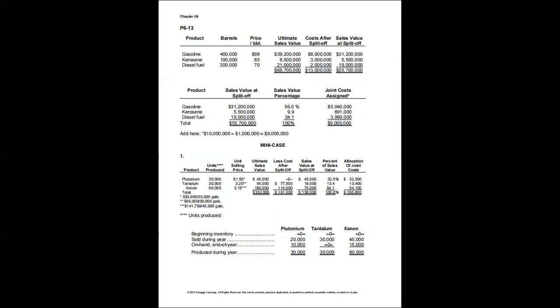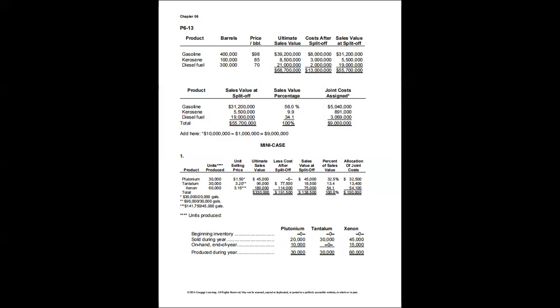So the total ultimate sales value of 68,700,000, and the cost after split off, we have 8 million for gasoline, 3 million for kerosene, and 2 million for diesel oil. And we have the sales value at split off.